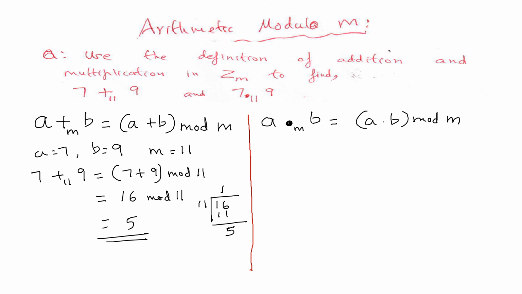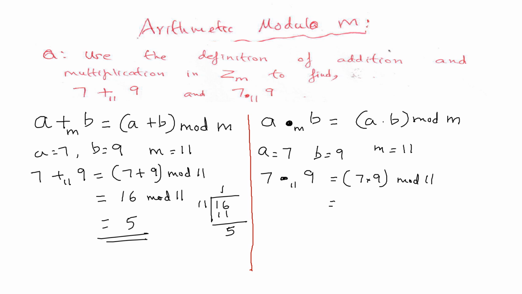In the same way here, a is 7 and b is 9, m is 11. Same, right? Only the operation is different. So 7 ·_11 9 is equal to (7 × 9) mod 11.